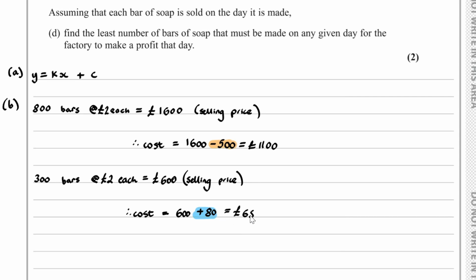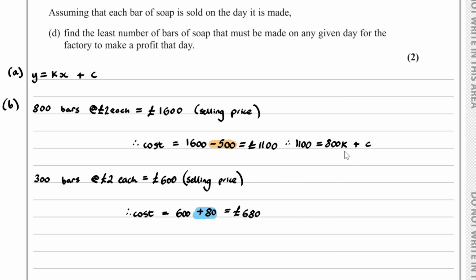Okay, and therefore from these two statements we can conclude we have two equations. If we substitute into our general equation for y, we have 1100 equals 800k plus c.